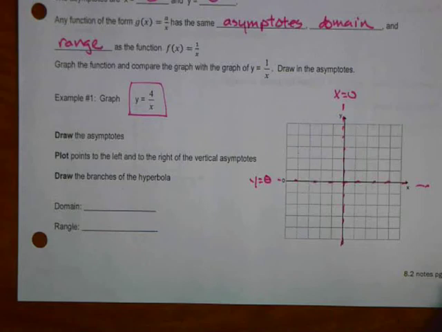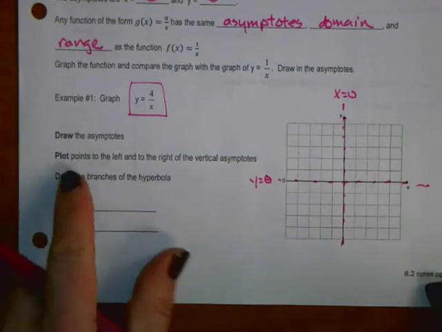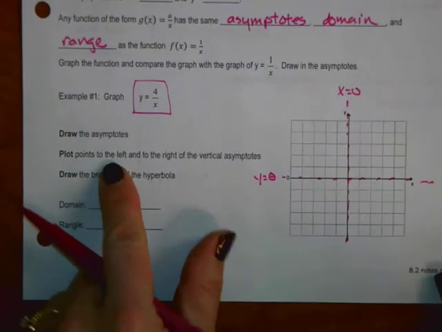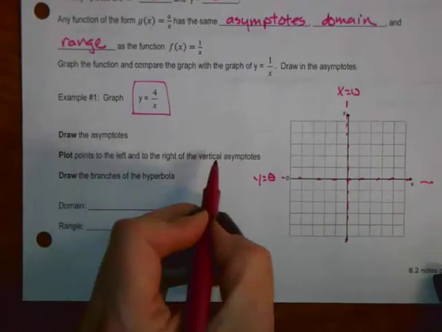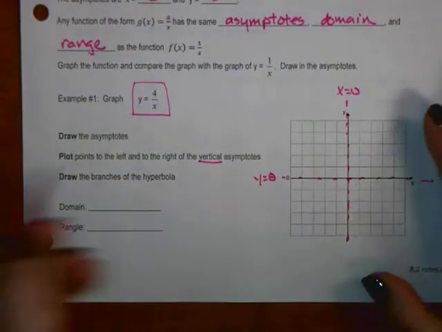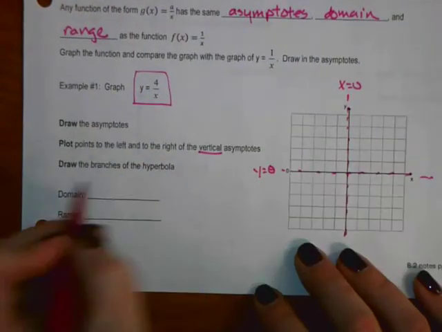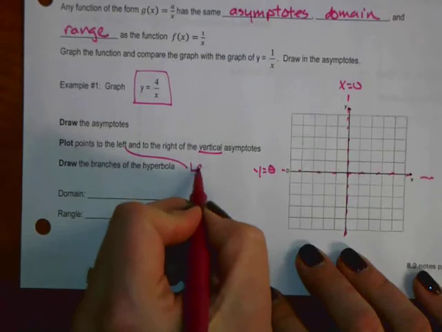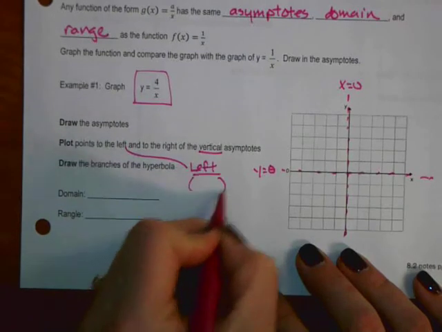The second step for graphing these functions is to plot points to the left and to the right of the vertical asymptote. That means you're picking x values that aren't on the vertical asymptote. So you're going to pick x values to the left of the vertical asymptote and to the right. I'm going to make my left points.